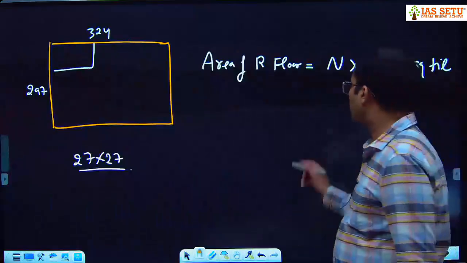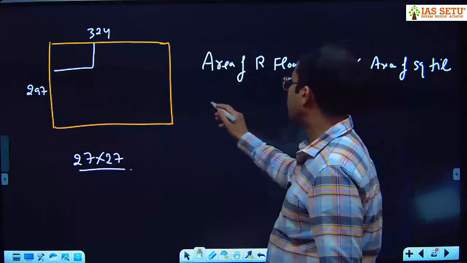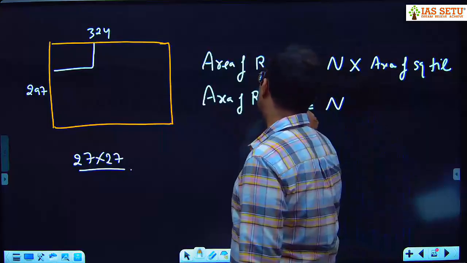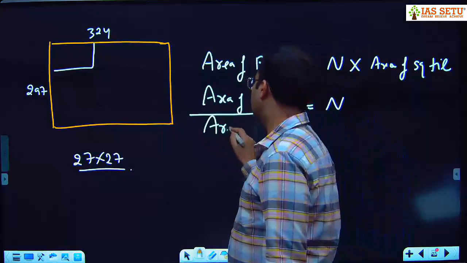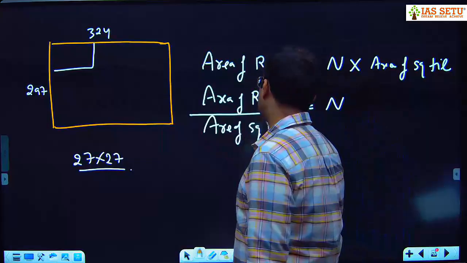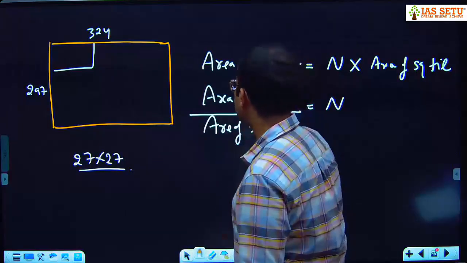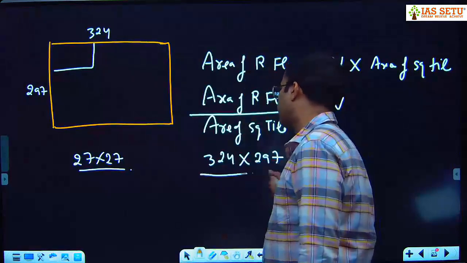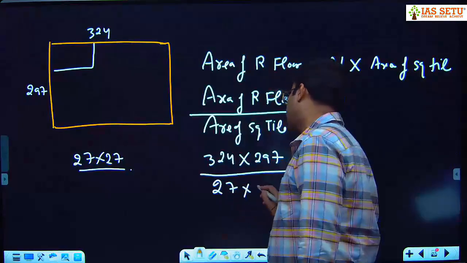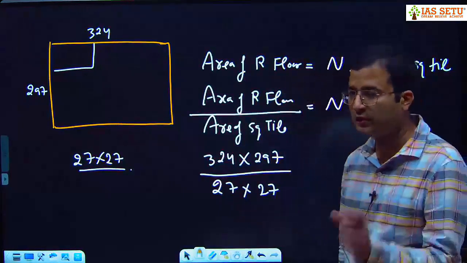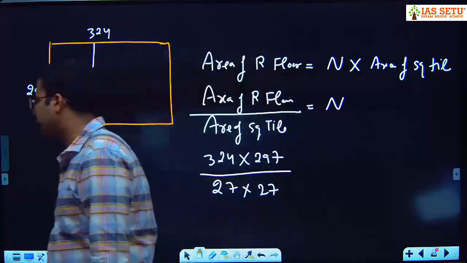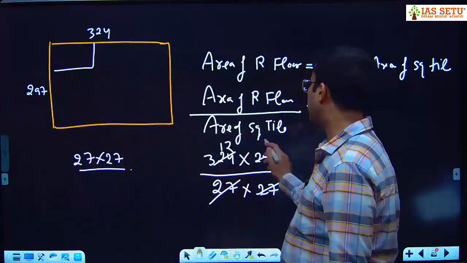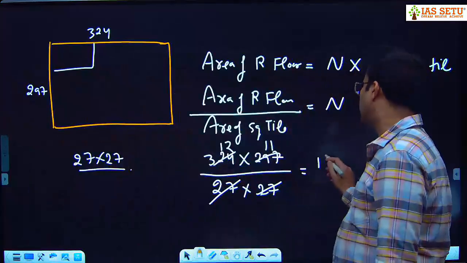So here number of tiles is nothing but the area of rectangular floor divided by area of square tile. What is the rectangular floor? 324 into 297 divided by 27 into 27. जो रेक्टेंगुलर होल का एरिया है उसको स्क्वायर टाइल के एरिया से डिवाइड कर दोगे, we get number of tiles. If you cancel it we get 12, if you cancel it we get 11. 12 into 11 is 132.